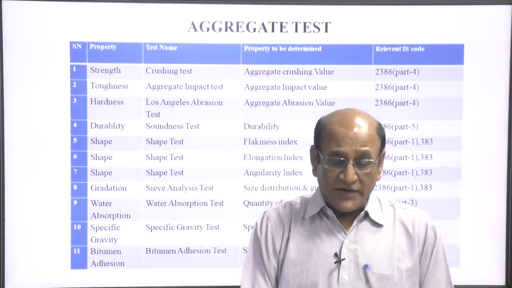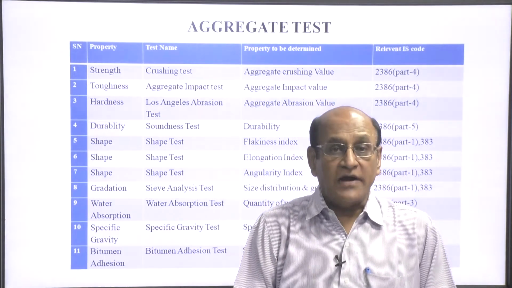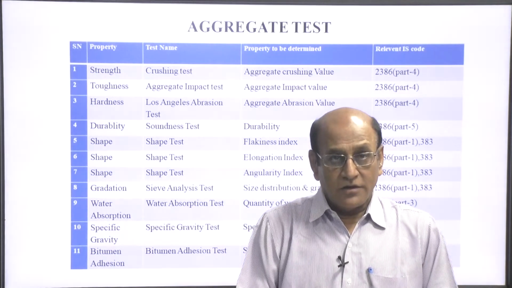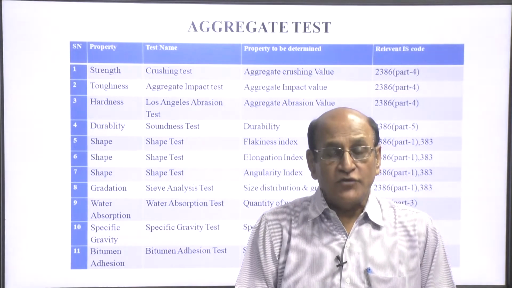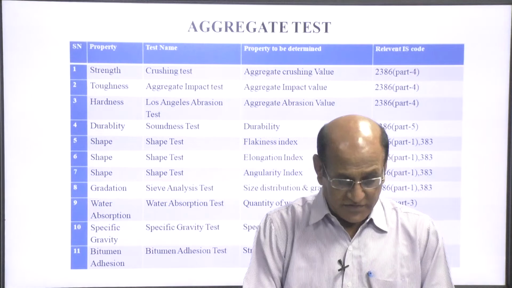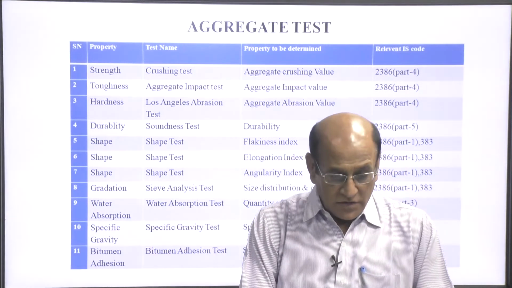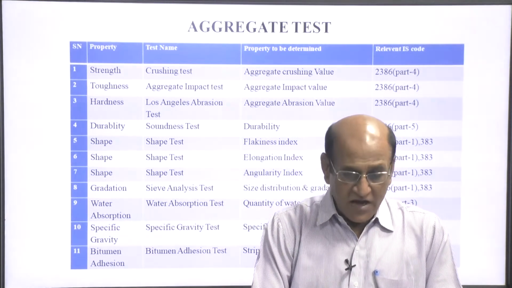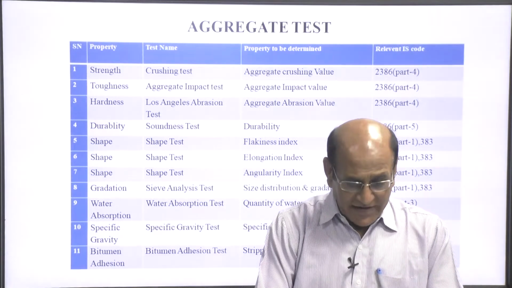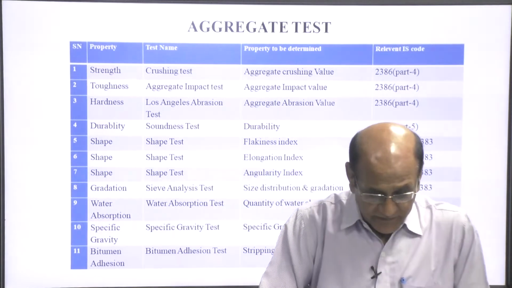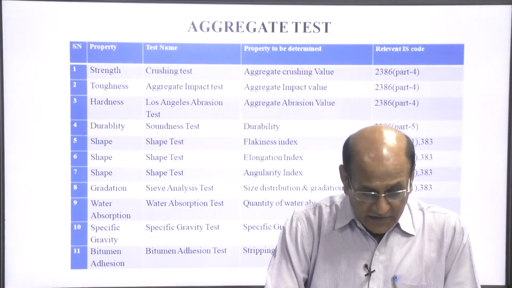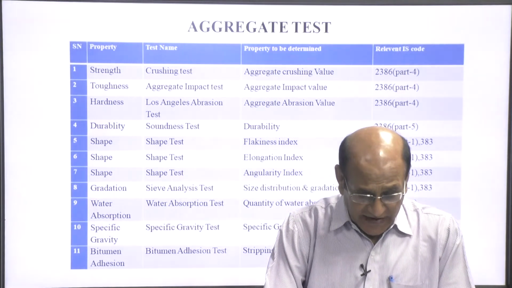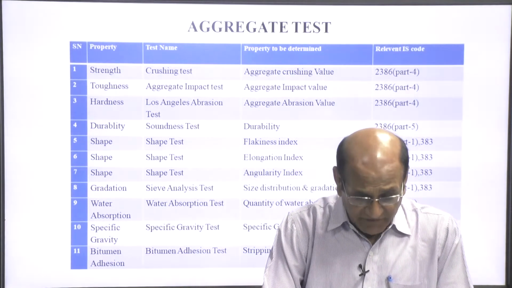There are various types of tests required for the aggregate which is used for the construction of the highways, like strength, toughness, hardness, durability, shape, gradation, water absorption, specific gravity, bitumen affinity.